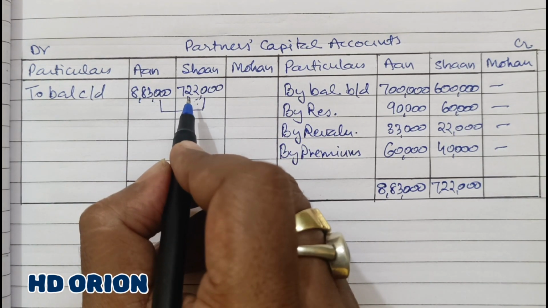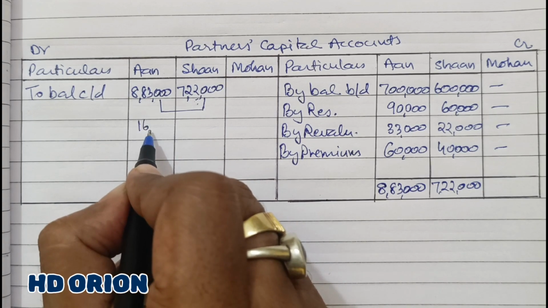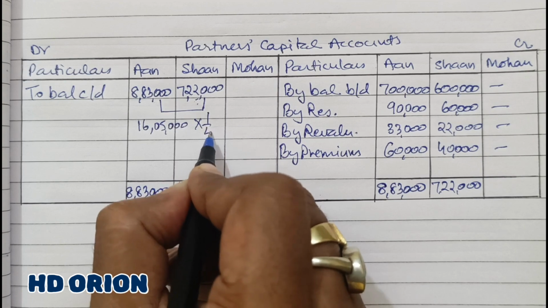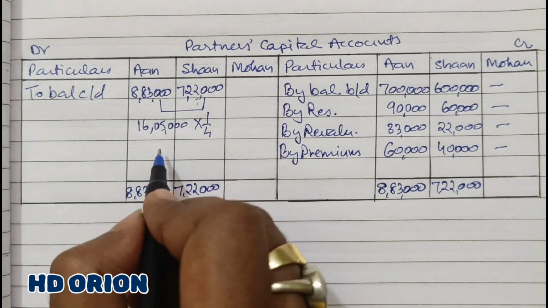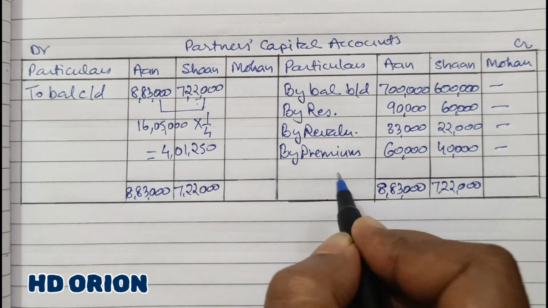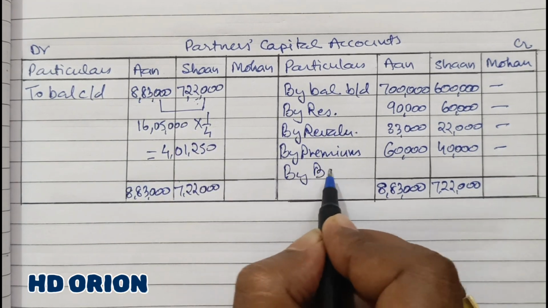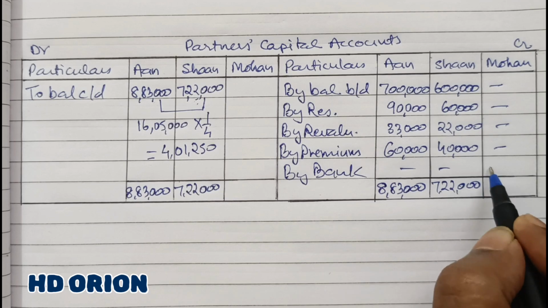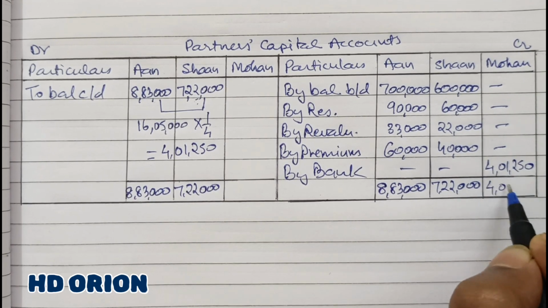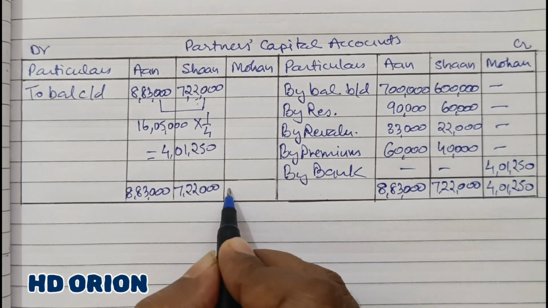When you total this, you get an amount of rupees 16,05,000. And 1/4 of it Mohan will bring. So 1/4 of this amount is rupees 4,01,250. So by bank, 4,01,250. It is that simple.